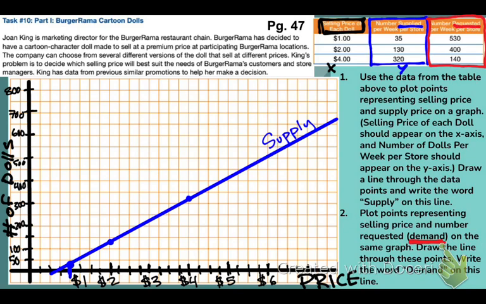So now we're going to do a similar thing that we did for the supply. Our X's are our price, $1, $2, and $4. And our Y is going to be the number requested. So my first point is, at $1, the number requested is 530. I go to $1, 530. My second point is at $2, I have 400.